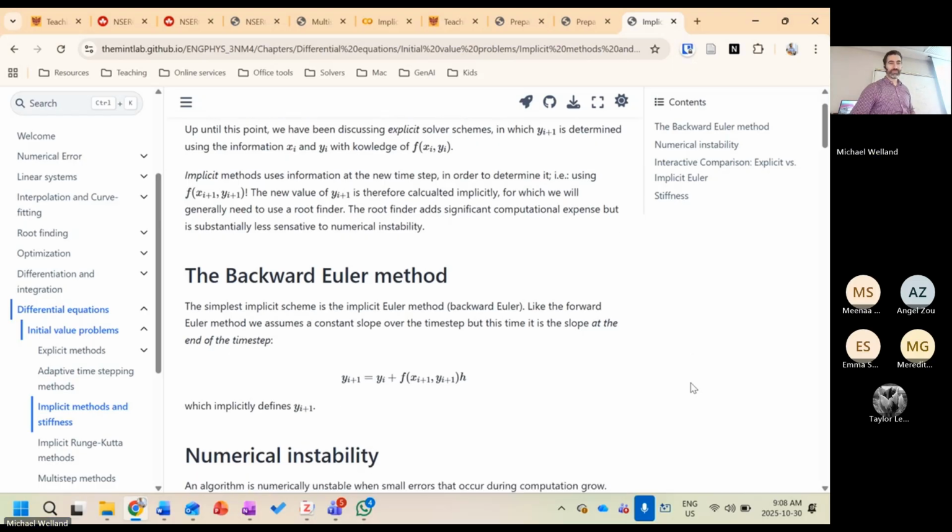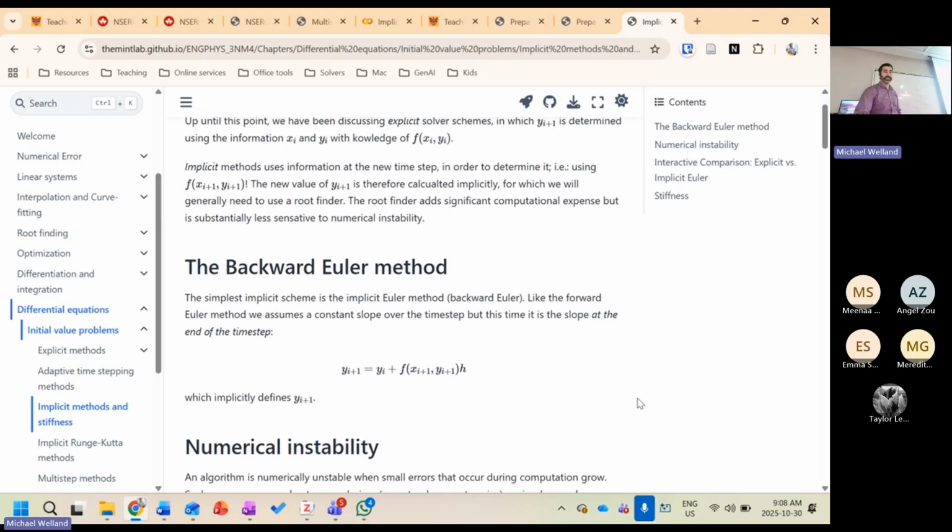Okay? Backward Euler method looks like this. The next solution, y at i plus 1, is equal to the current solution plus whatever the slope is at the next solution, which is a bit funny to think about, right? With this one, it's the reason why I wrote this down, right? You have dy/dt equal to ay.